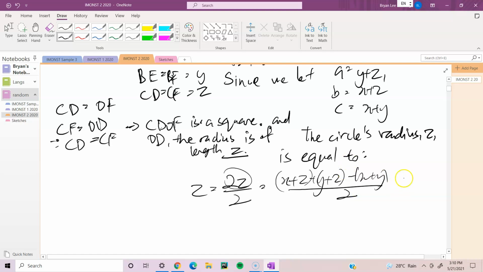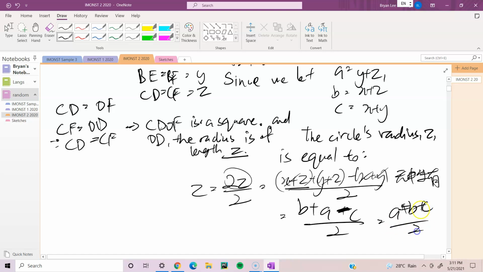In Chinese, we would call this 无中生有, meaning you create something out of nothing. This is quite a powerful tool, because the x's and y's cancel out each other. So x plus z is b, y plus z is a, and then minus c divided by 2, which is already equal to a plus b minus c divided by 2.